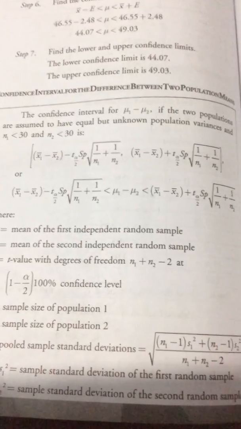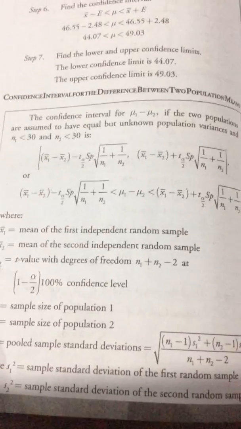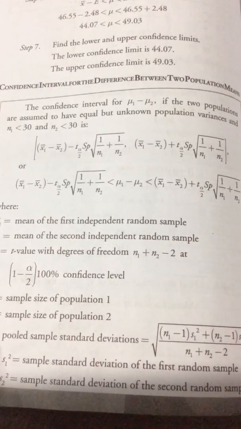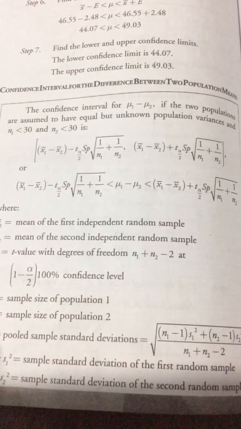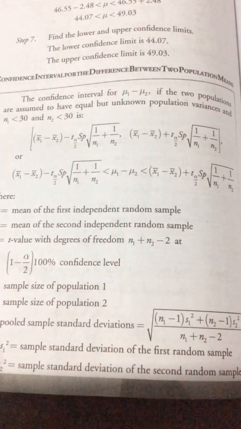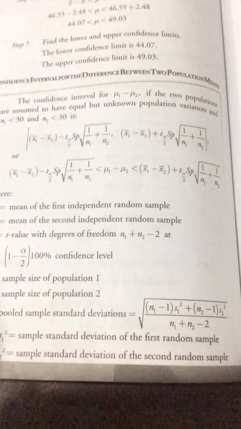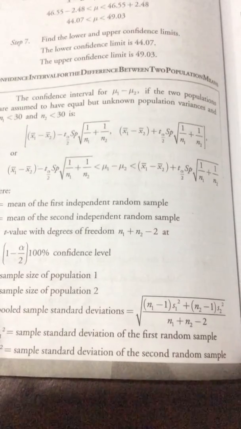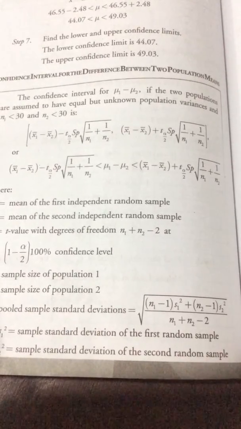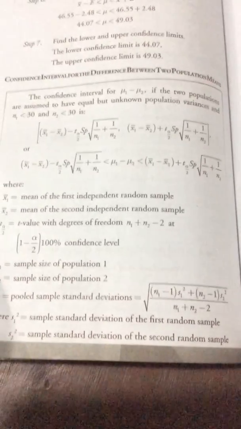So we have here the quantity of sample mean 1 minus sample mean 2 minus t of alpha over 2 Sp square root of 1 over n1 plus 1 over n2, comma, the sample mean 1 minus the sample mean 2 plus t of alpha over 2 Sp square root of 1 over n sub 1 plus 1 over n sub 2.